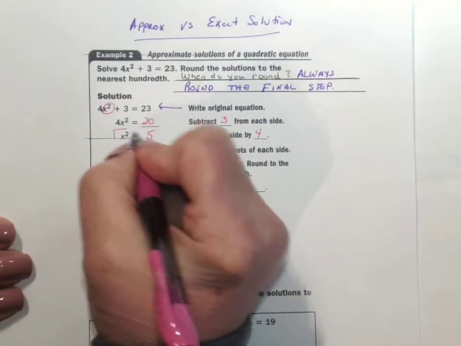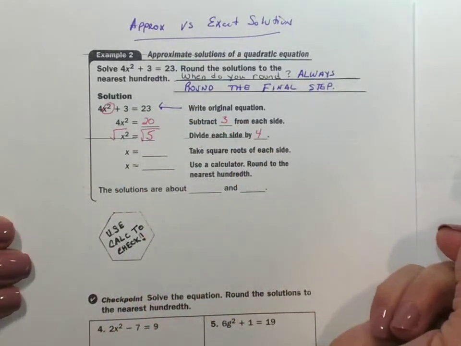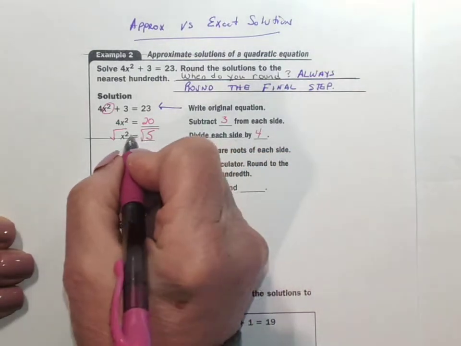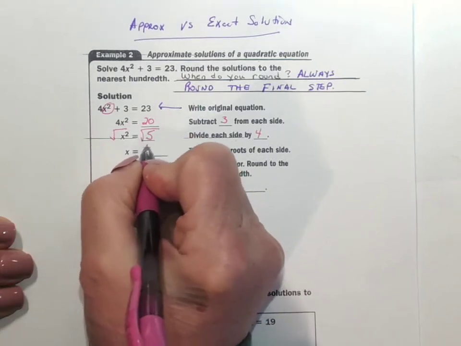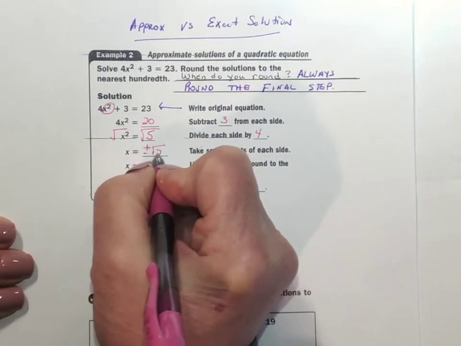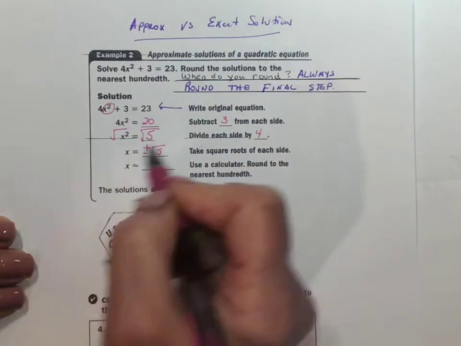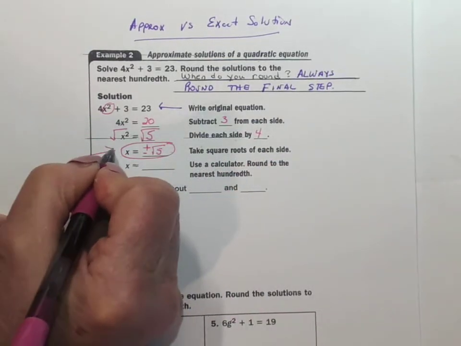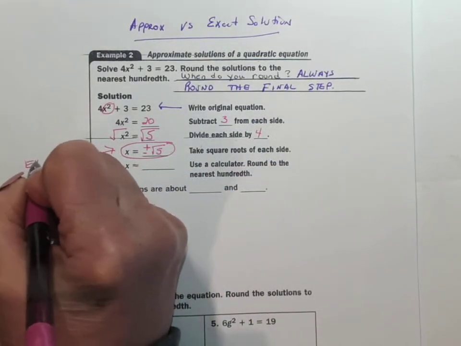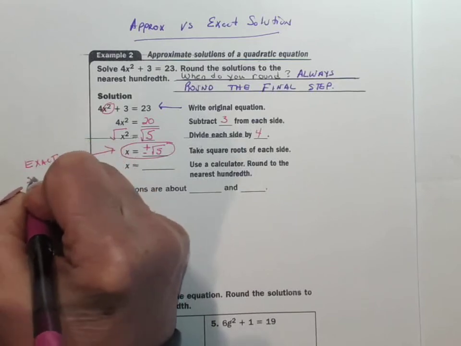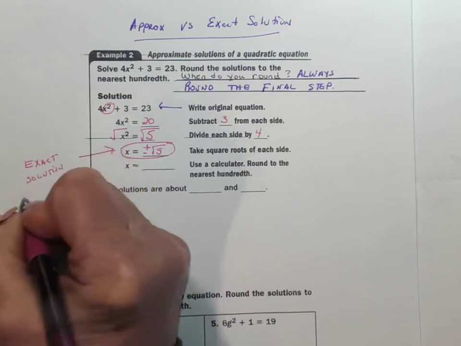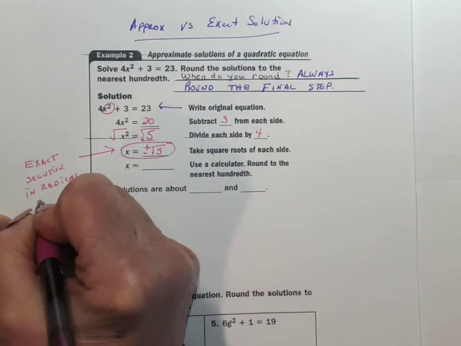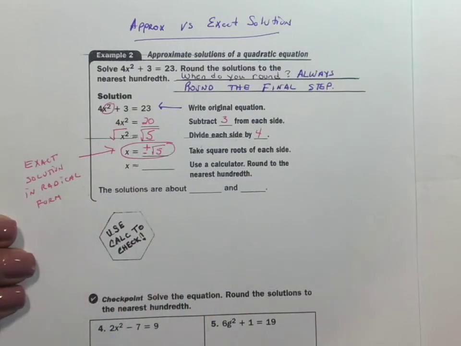Now you take the square root of both sides. When you take the square root of both sides, you get two solutions, plus and minus the square root of 5. This is an exact solution in radical form.